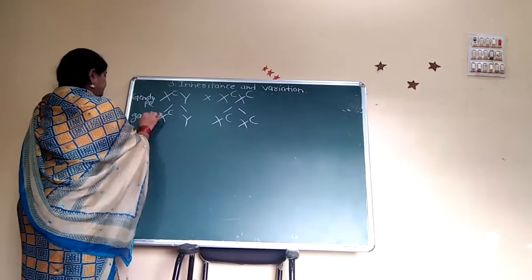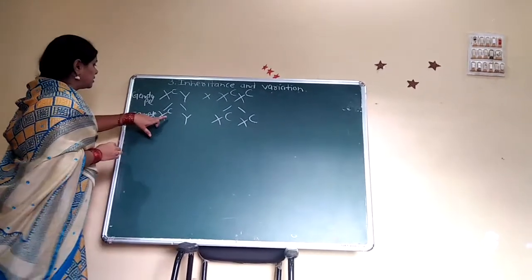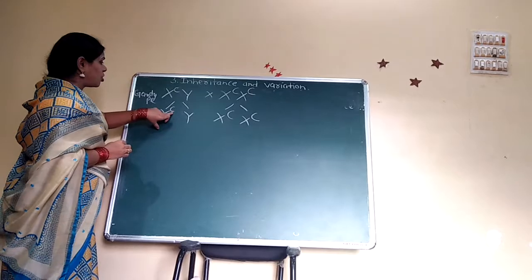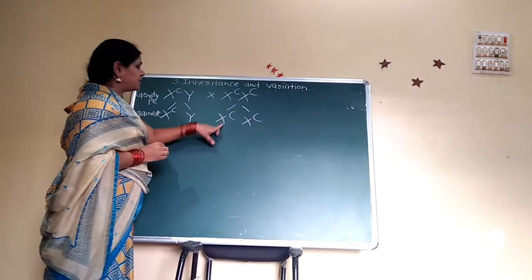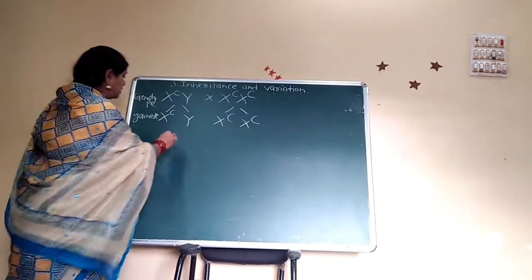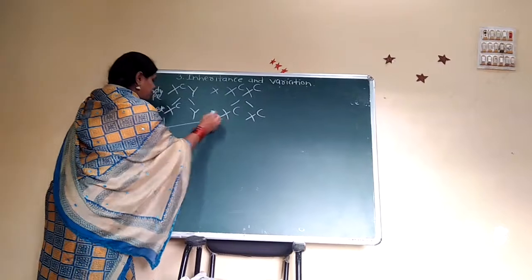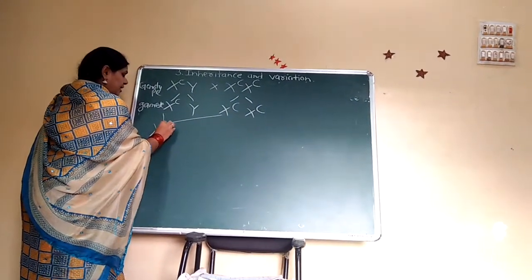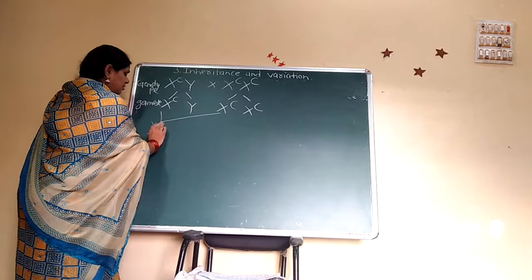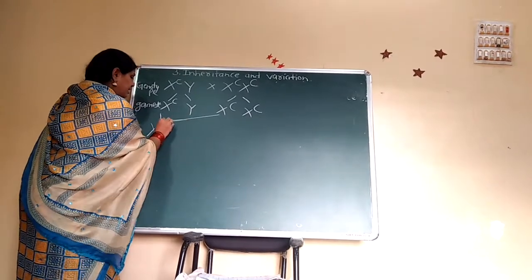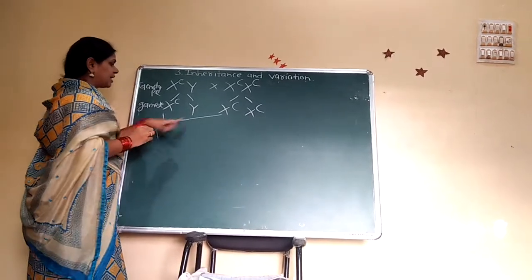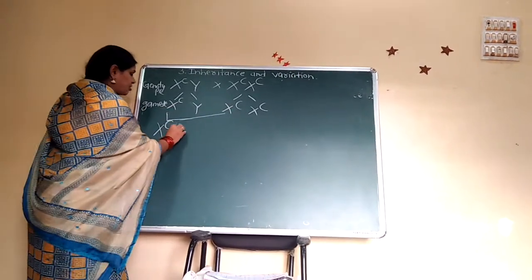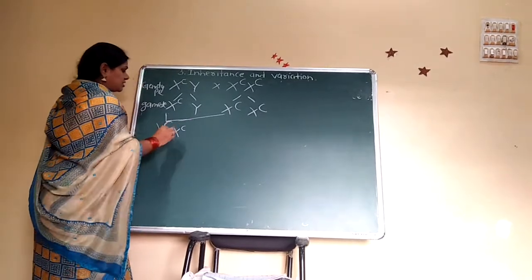The gametes are X small c, Y, X capital C, X capital C. When these gametes are fused with each other, we give first the capital C, because C is dominant, and X small c.